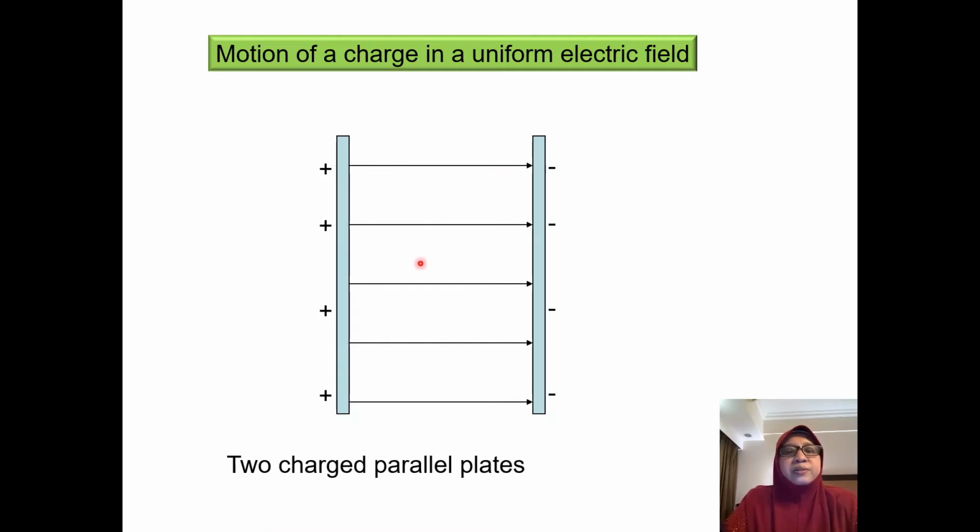Okay, the direction of the electric field is from positive to negative, and you draw it equal in distance because they are constant, or uniform.